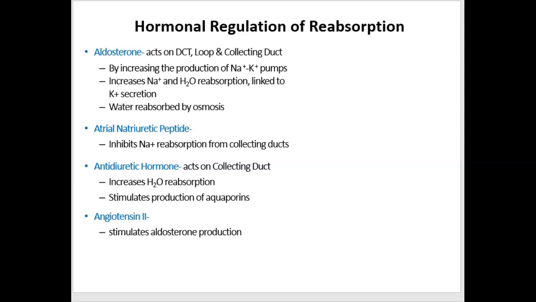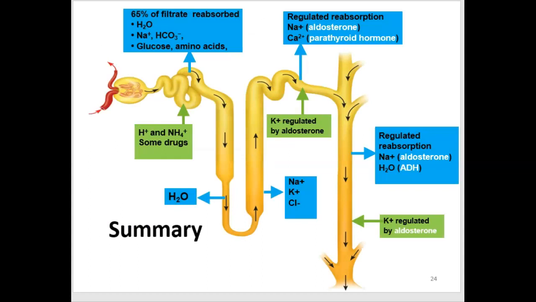So if we had low blood pressure in the glomerulus, remember renin is produced, and renin is involved in the production of angiotensin II, and then aldosterone is produced. So this is a summary slide of everything to do with reabsorption by the nephron and secretion.